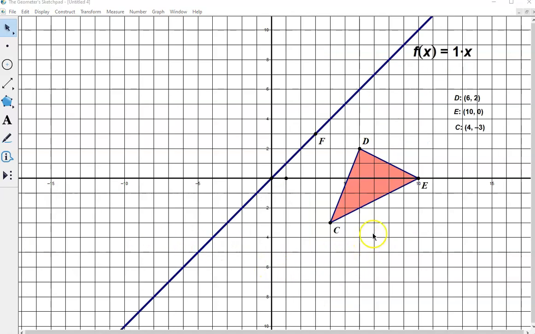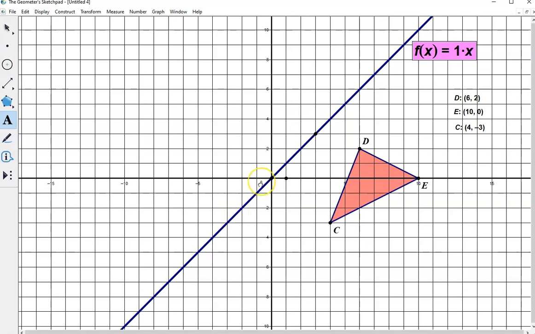Next, we're going to reflect over a very unique line. This is the y equals x line. It says f of x, but this is just the y equals x line. What I want you to notice is that it currently has all of the points where y equals x: 3, 3; 4, 4; 5, 5; negative 2, negative 2.